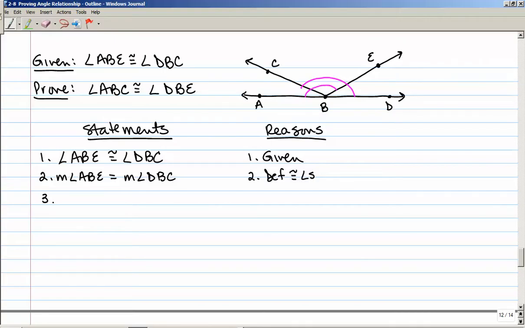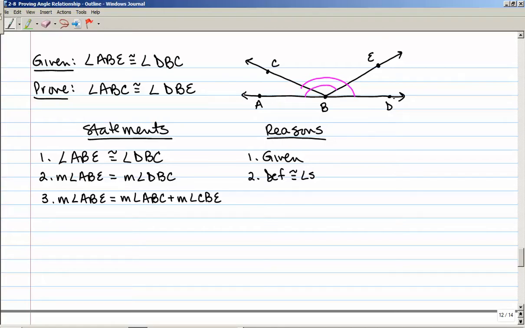Now, let's get into the angle addition postulate here, because big angle ABE is made up of these two smaller angles. So let's go ahead and say that. The measure of angle ABE equals ABC plus CBE. So the larger angle ABE is made up of those two smaller angles.